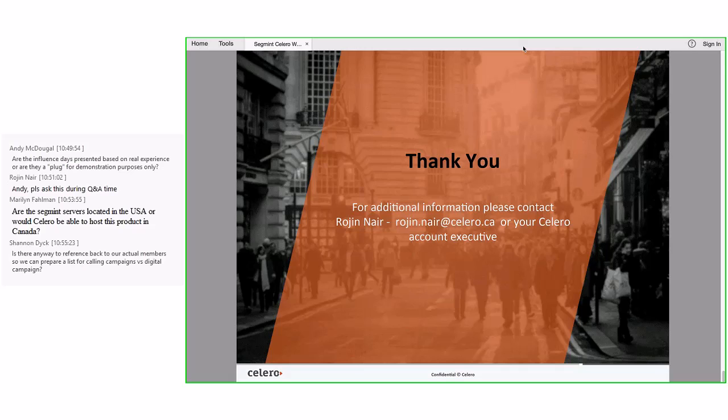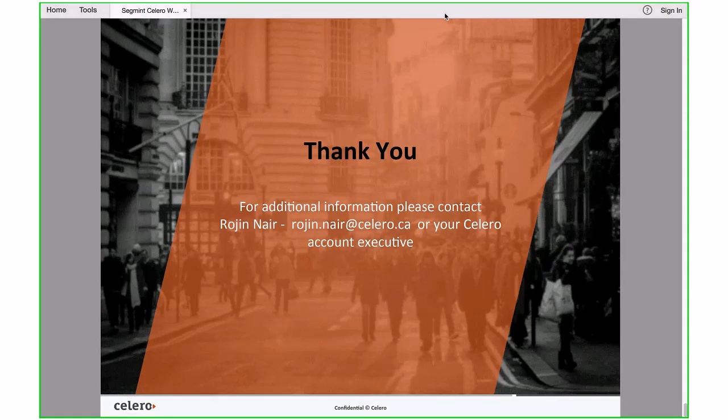We are going to integrate and install our platform within Celero data centers, and that's the marketing and analytics platform I'm speaking of. And then we also have cloud instances available where we can host the solution in Amazon data centers that are within Canada as well. So lots of flexibility there. But it would all be maintained in Canada.